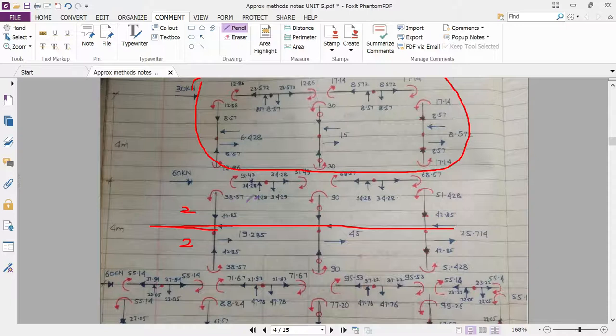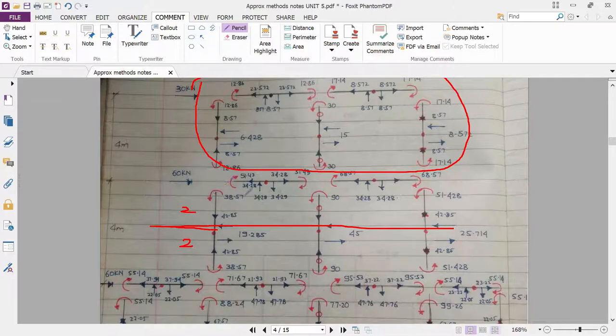51.42. Now once you get this value, you do not require to transfer this moment to the next beam level, because here also the 12.86 loading moment is there. So what you have to do is, this is 12.86, this is 38.57, so take the summation of these two.